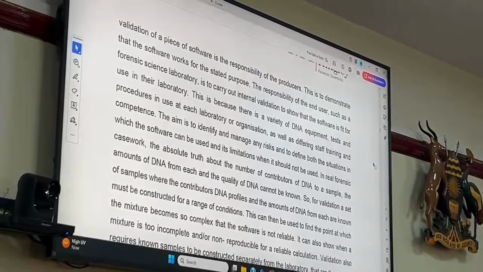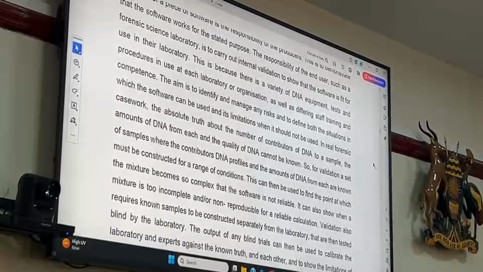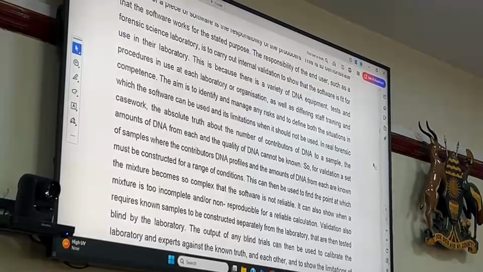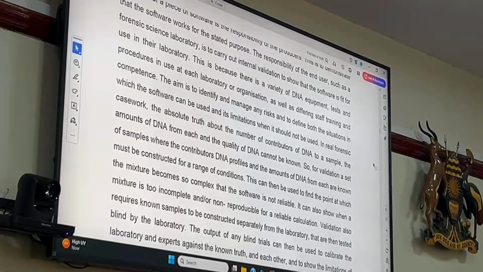This can only be done using known DNA profiles, as we never know the ground truth of any crime stain submitted for DNA profiling.